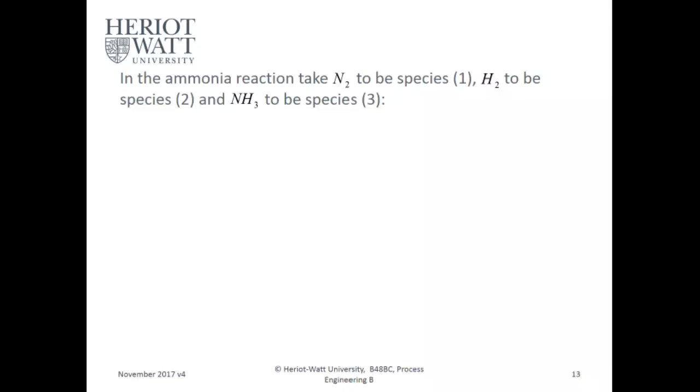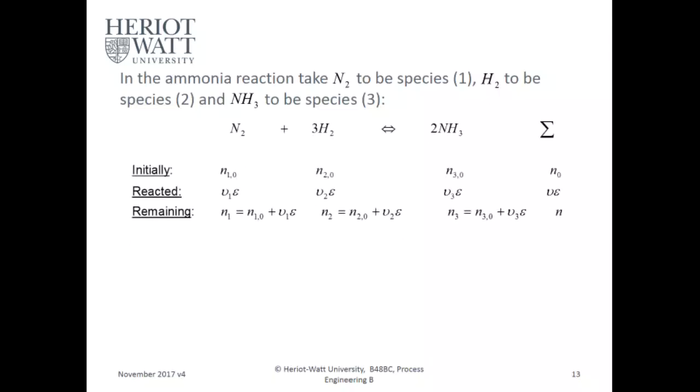So in the ammonia reaction, take N2 to be species 1, H2 to be species 2, and NH3 to be species 3. Describing ammonia in the same terms: initially N1 0, N2 0, N3 0, and the summation is N0.